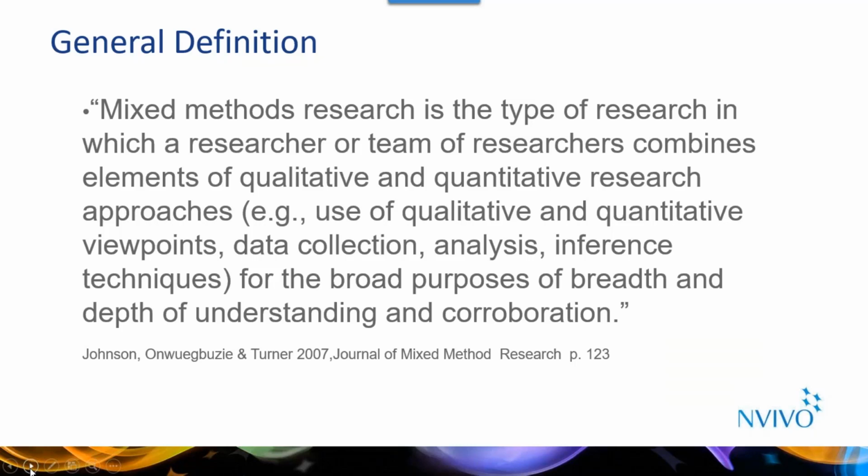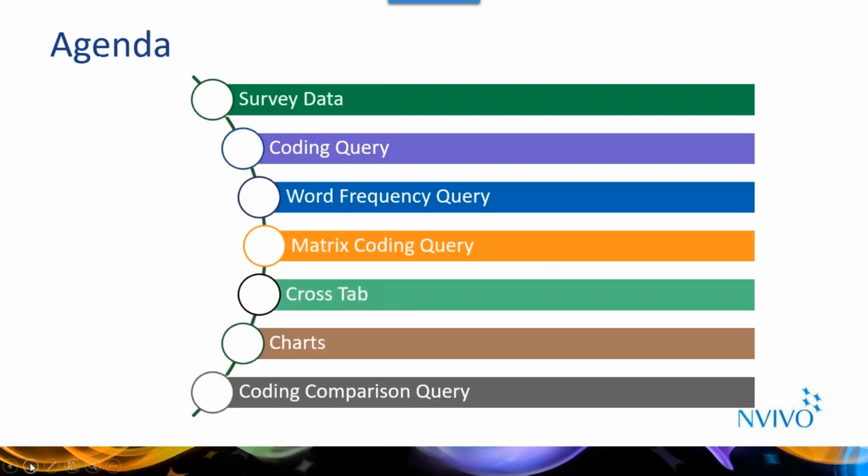Mixed methods research is a type of research in which a researcher or team of researchers combines elements of qualitative and quantitative research approaches, the use of qualitative and quantitative viewpoints, data collection, analysis, and inference techniques, for the broad purpose of breadth and depth of understanding and corroboration. And for many of us, that is the area that we find ourselves working in current research projects.